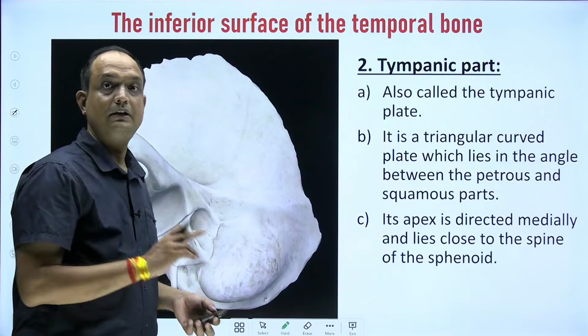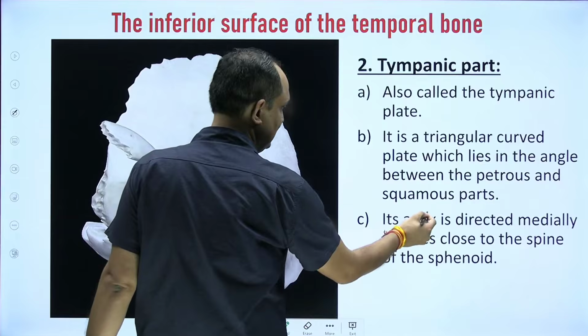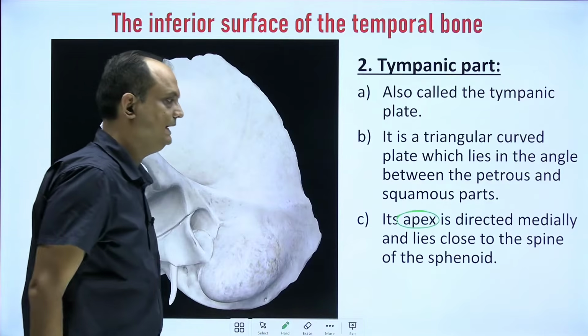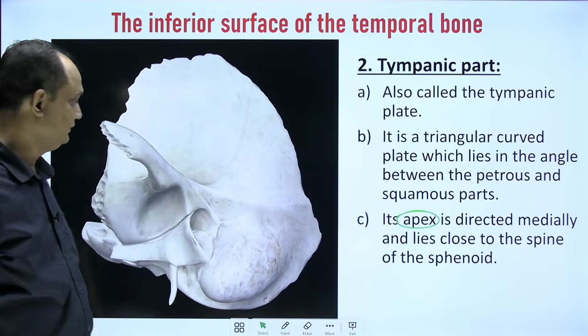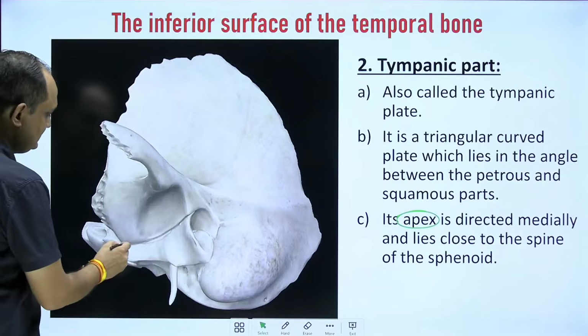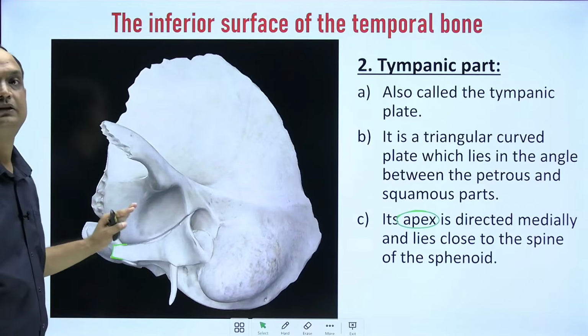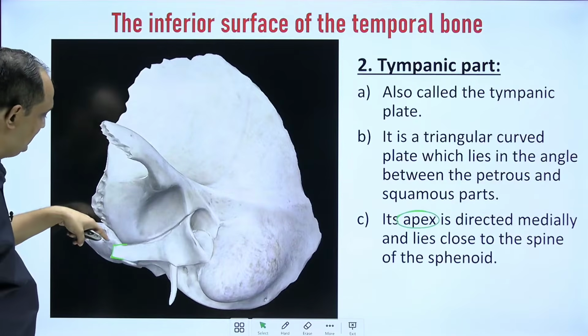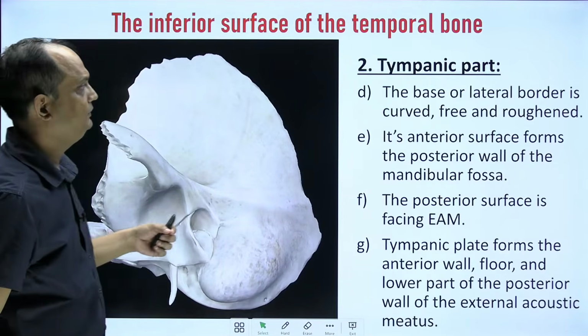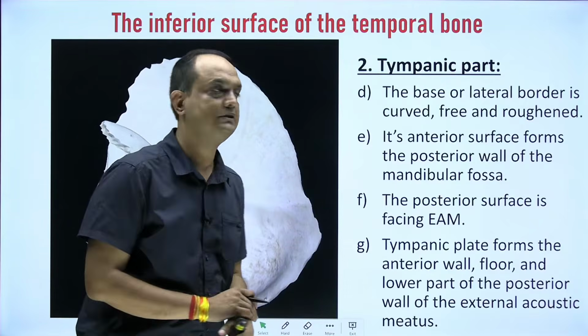Now when you see the tympanic plate, you will realize that the apex of this plate is directed close to the spine of the sphenoid. So when you see this apex, you have the anteriorly placed sphenoid bone, and near this you have the spine of the sphenoid. Now which are the other important features of this tympanic part?